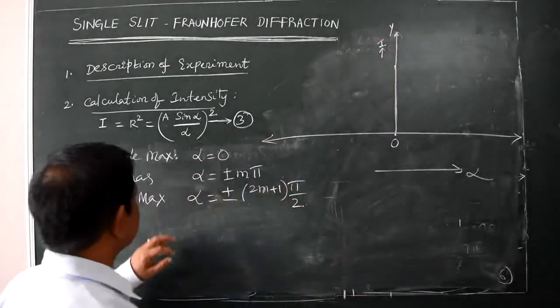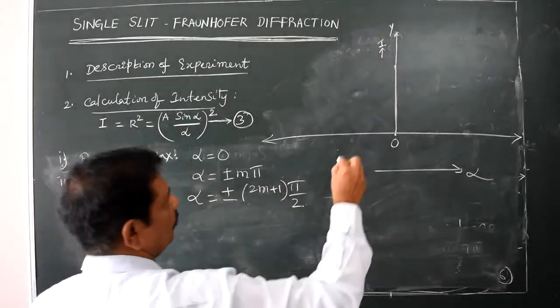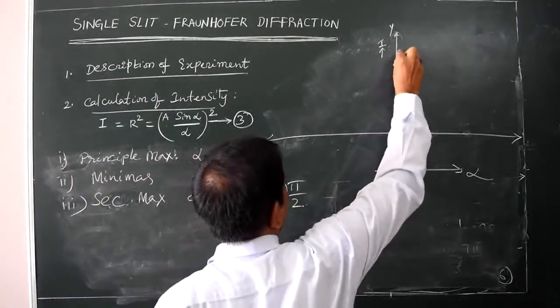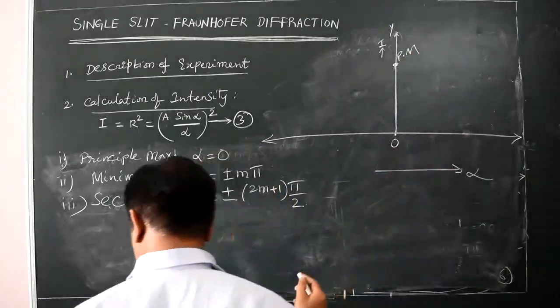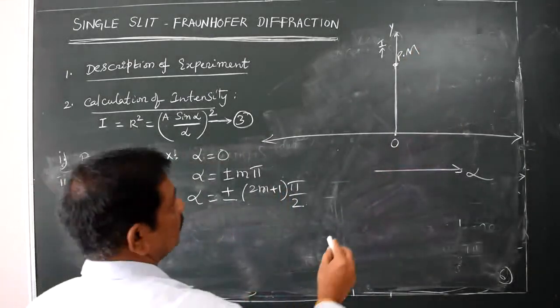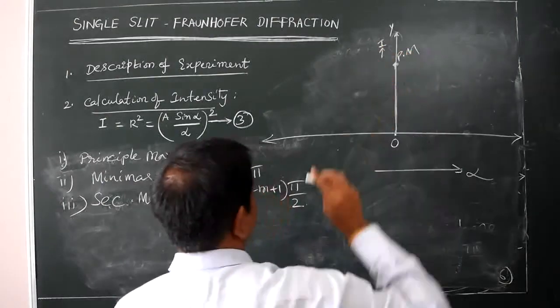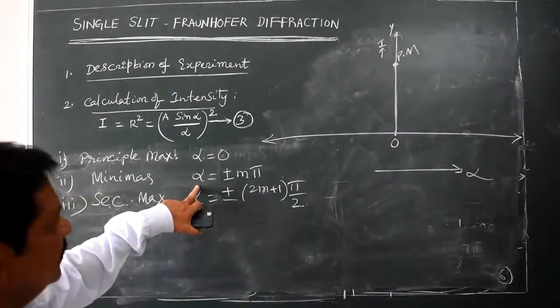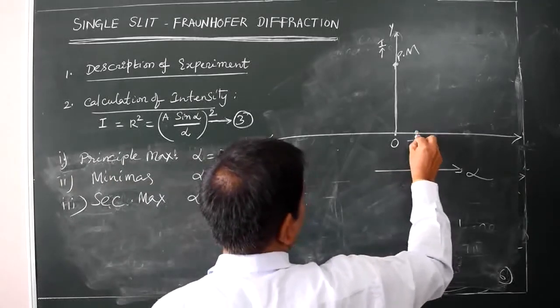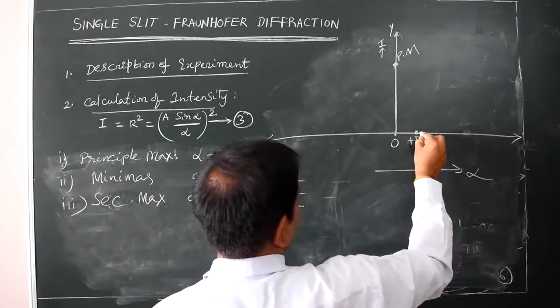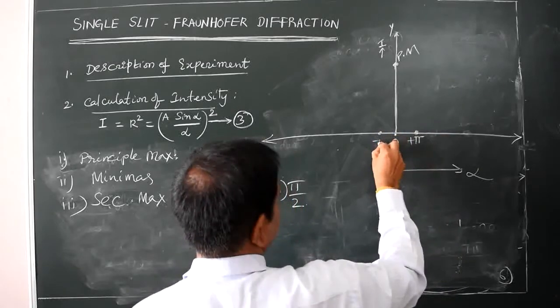So maximum intensity is at alpha is equal to 0. This is called the principal maxima. Next, the first minima occurs at plus pi and also at minus pi.